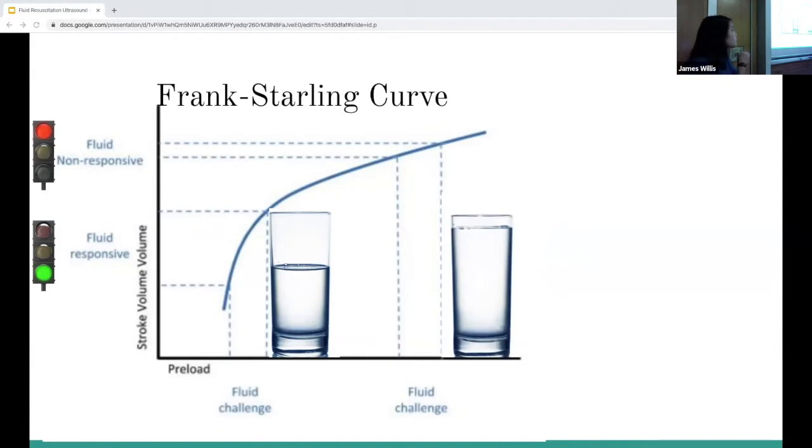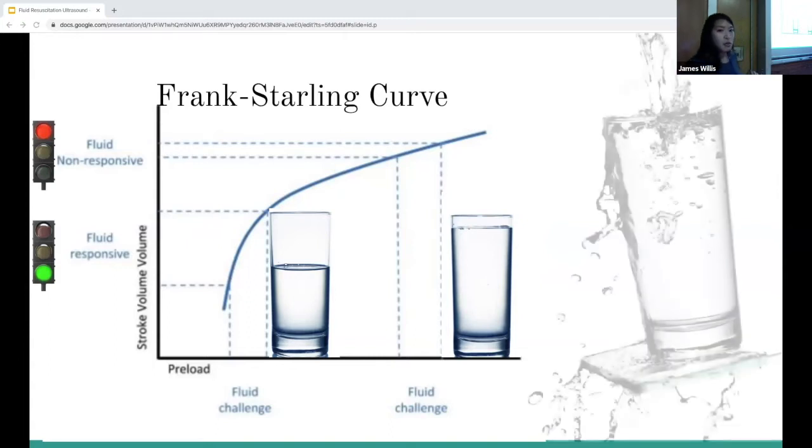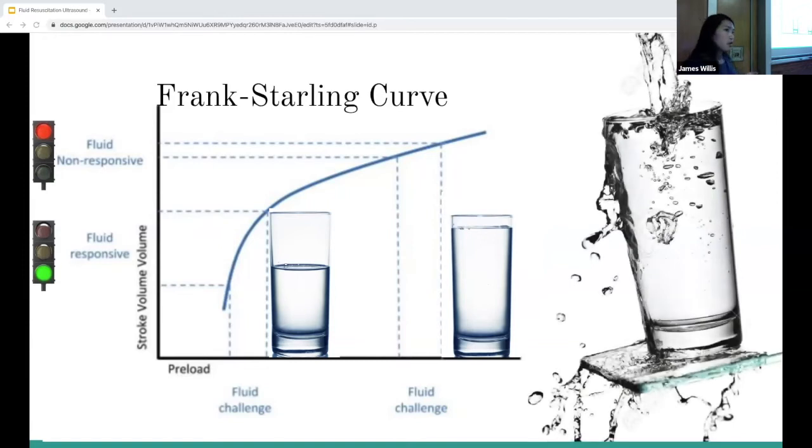Then you get towards the right side of the curve, where they're less fluid responsive or fluid non-responsive because their tank is already almost full. You don't want to give them more fluid in this part of the curve, otherwise you risk fluid overloading them. That can cause significant morbidity and mortality, especially in those sensitive population groups.